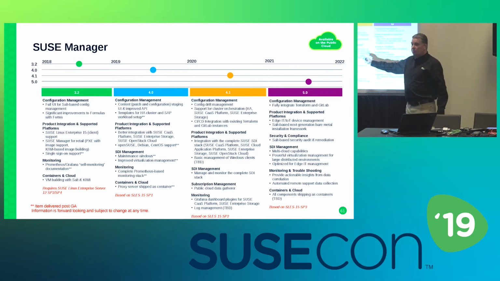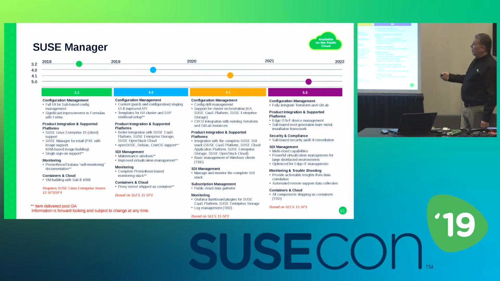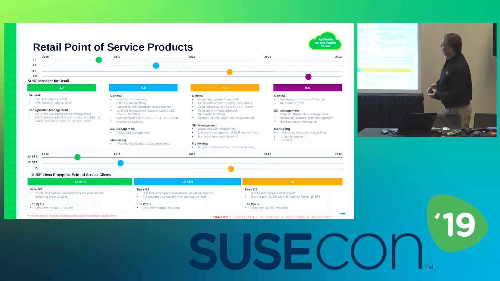So all of these features that you see here will be coming to SUSE Manager for Retail because it's based on SUSE Manager. Okay? As with anything, obviously, these are only target dates. There's no guarantee we'll stick to those. Then on the retail side, you will see that there is also a roadmap for the retail components.